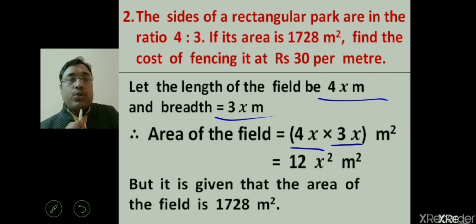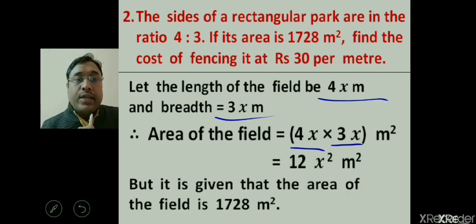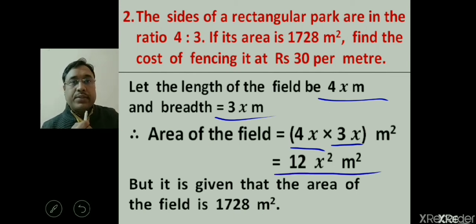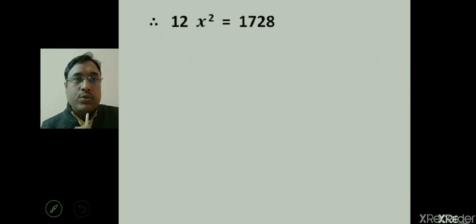Now, it is given that the area of the field is 1728 meters square, and we got the area as 12x square meter square. That means they are equal. So we equate them: 12x square equals 1728.